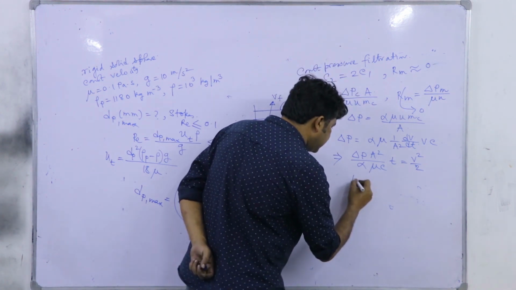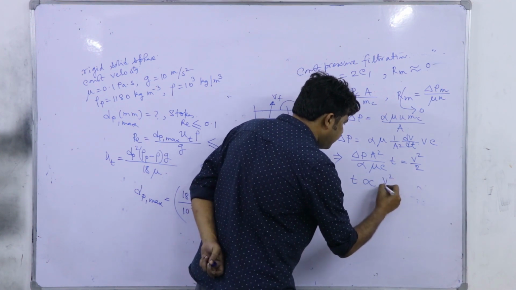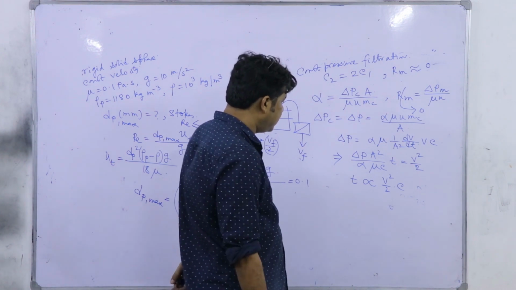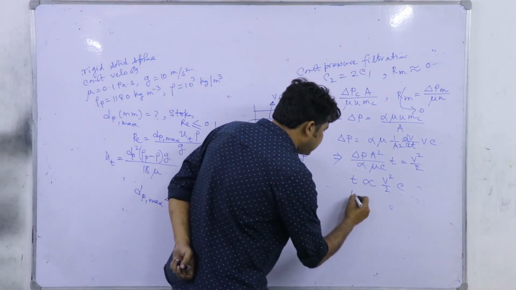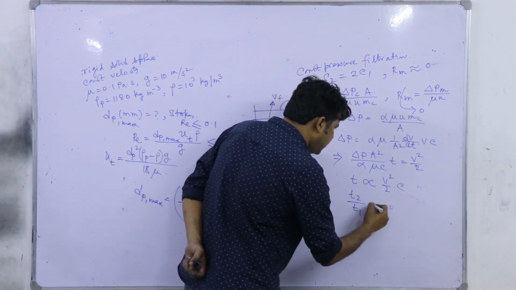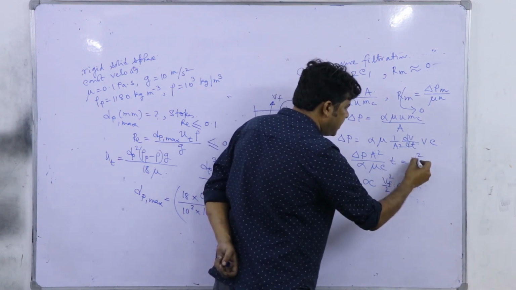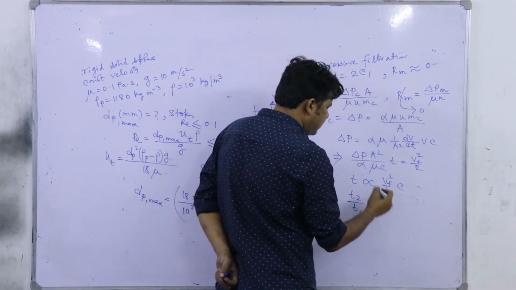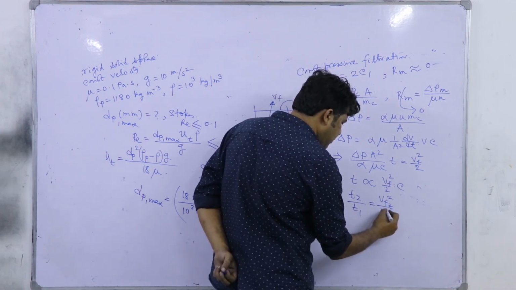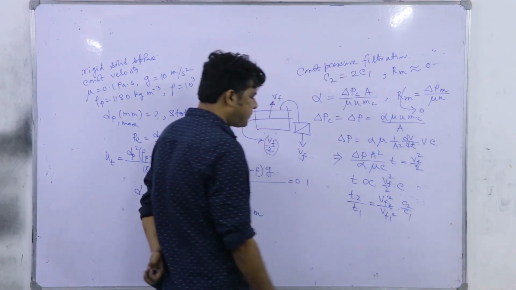So T is proportional to V square by 2 into C, because the rest of the parameters remain constant. So T2 by T1, or rather Vf, because if you integrate from 0 to Vf, it will be Vf itself, the final amount of the filtrate. So T2 by T1 equals (Vf2 by Vf1) square into C2 by C1.